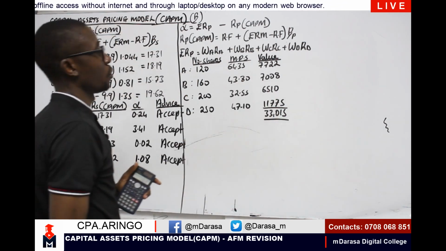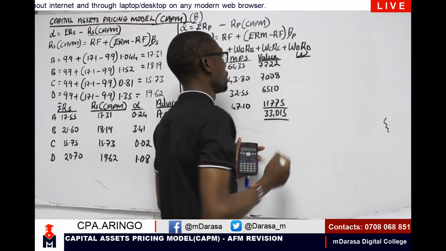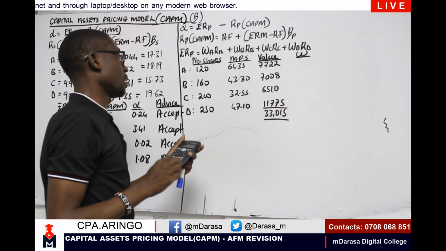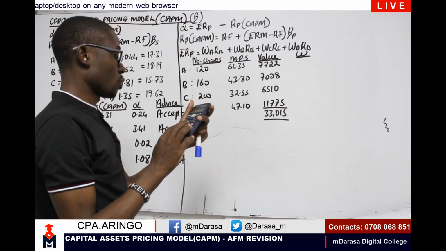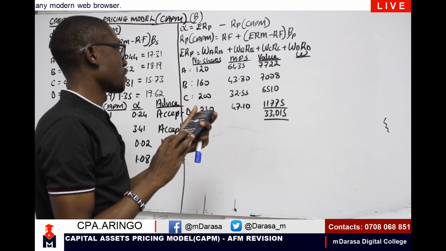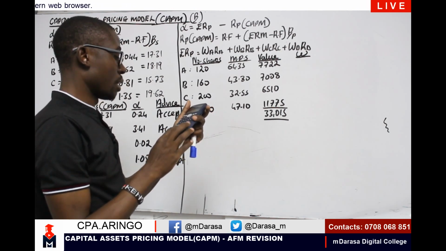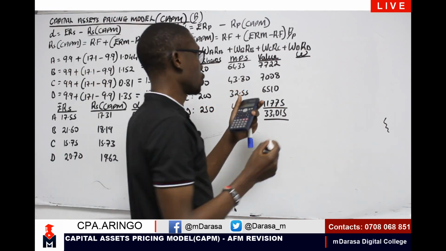To determine our weight, that will be very easy, because our weight now for investment A, I should be having 7722. We want to determine the proportion of that to the total, right? That is what we are talking of, the weight. So 7722 divided by 33,015 should give me 0.23.